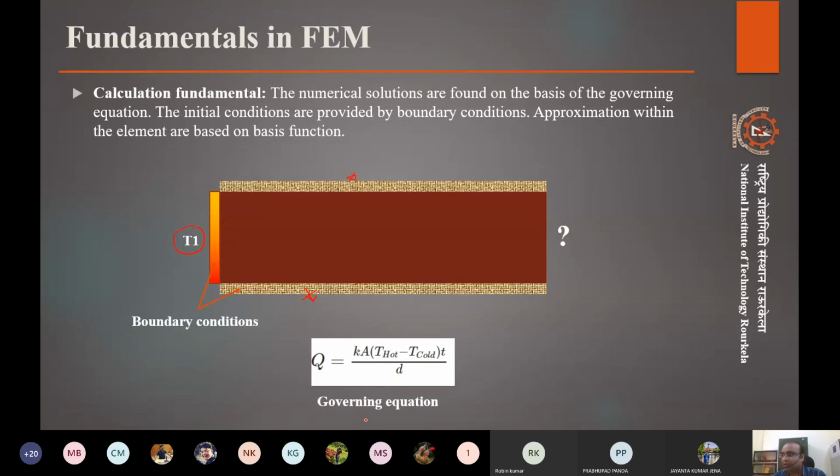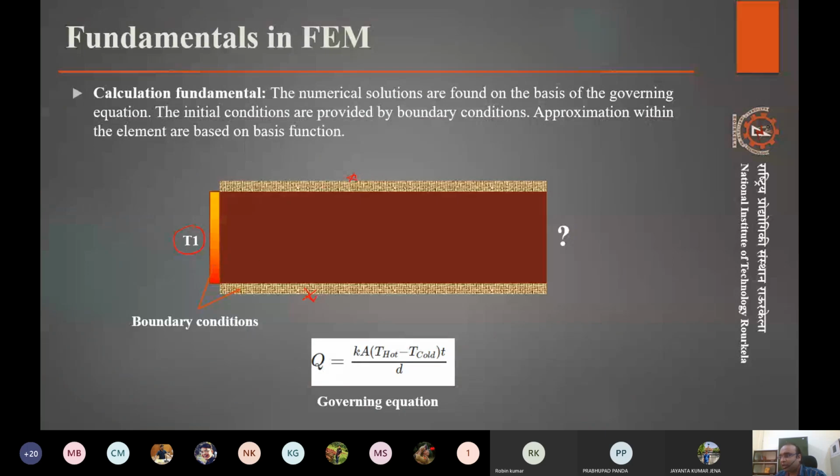Apart from boundary condition, we have the governing equation as well. For this case of governing equation, we can have Q = kA(T_hot - T_cold)/d, where delta T is the temperature difference. So basically, the difference between the temperature is one factor, the length is one factor, area is one factor, right?